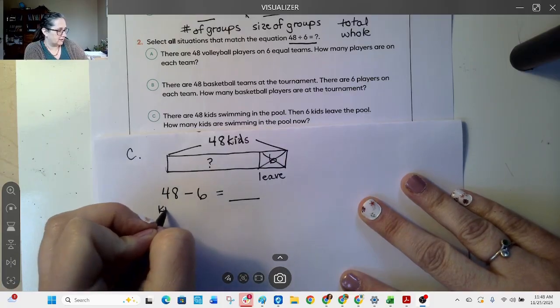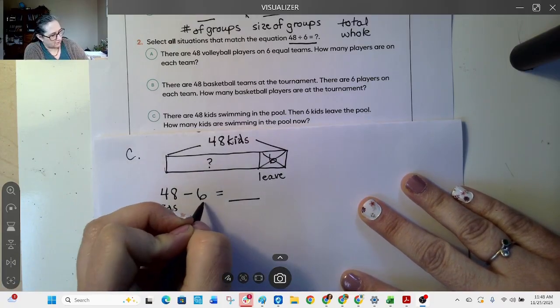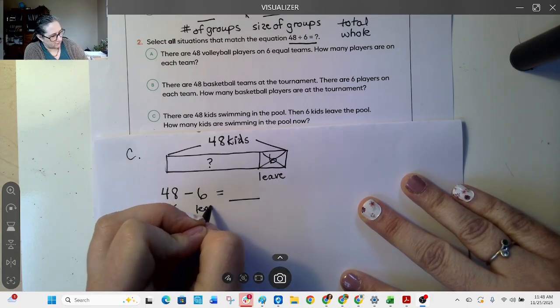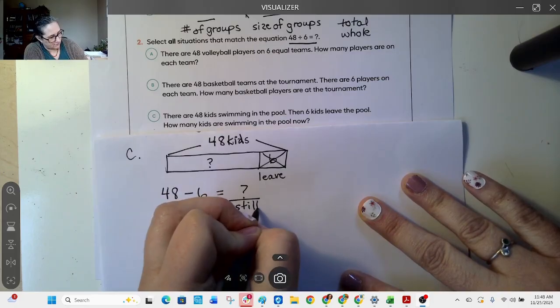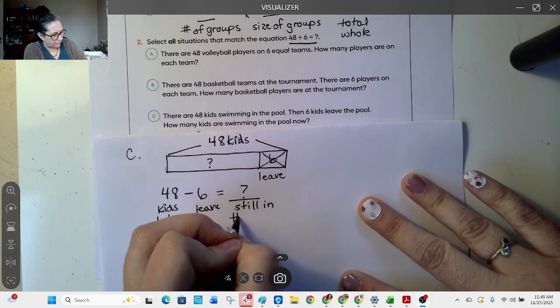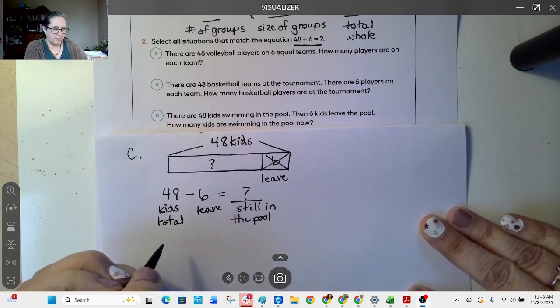So 48 kids total, 6 leave. How many are still in the pool? So this is really a part whole.